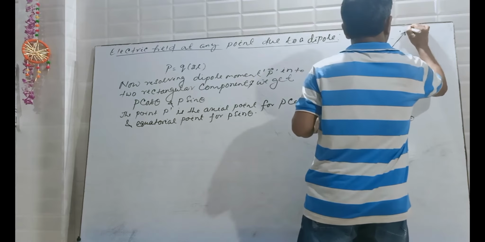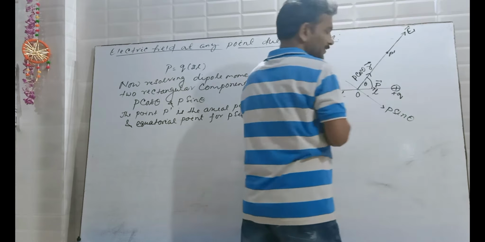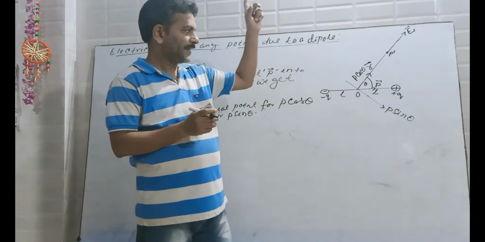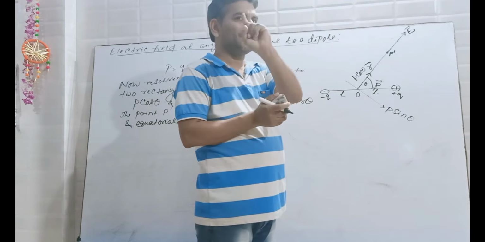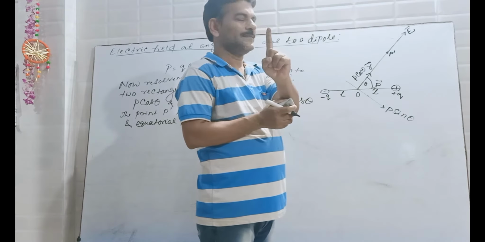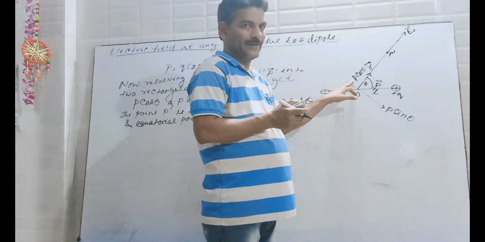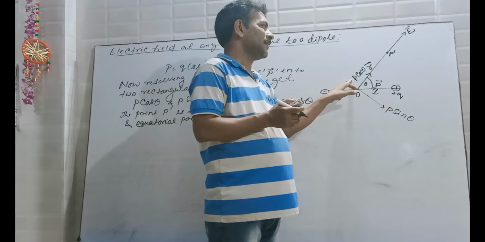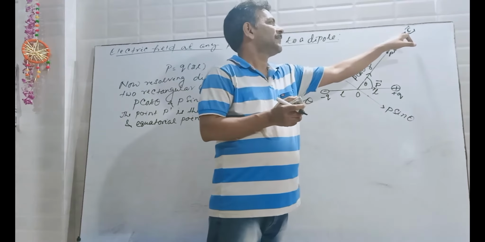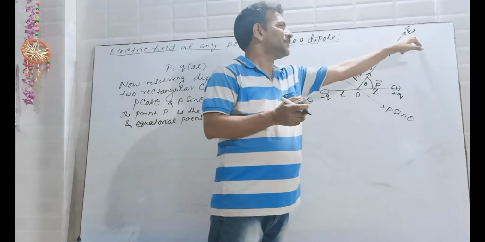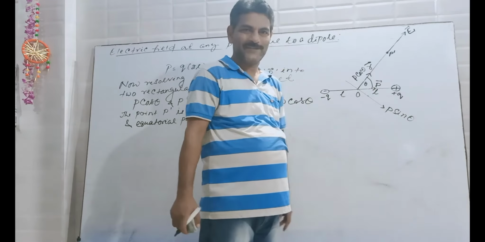Let it be E1. Because for axial point, the resultant electric field is always parallel to dipole moment. So if P cos theta is the dipole moment, and due to P cos theta we are interested to find electric field at P dash, and the field is E1, then E1 must be parallel to P cos theta.